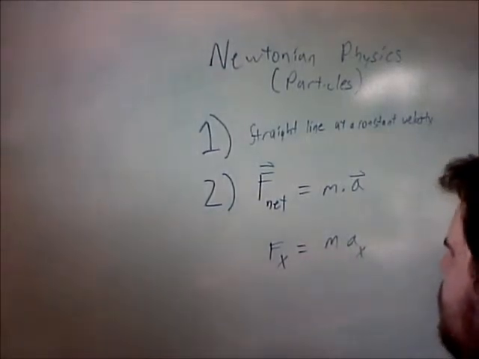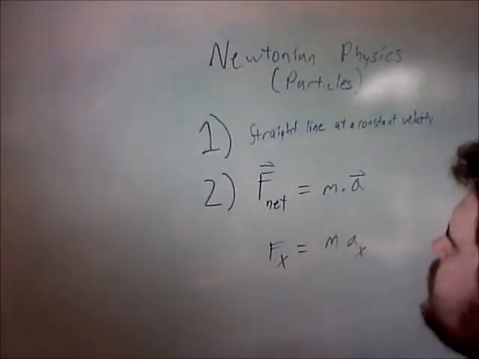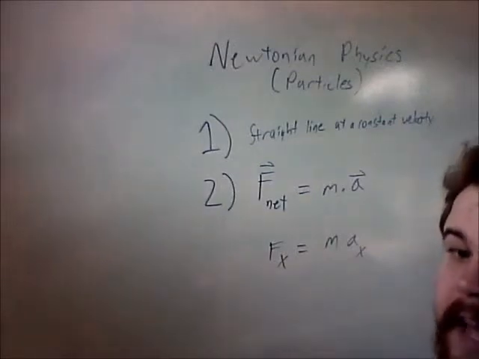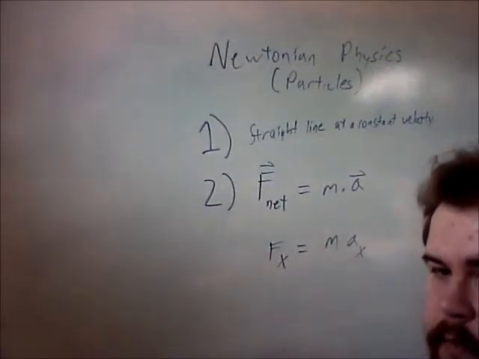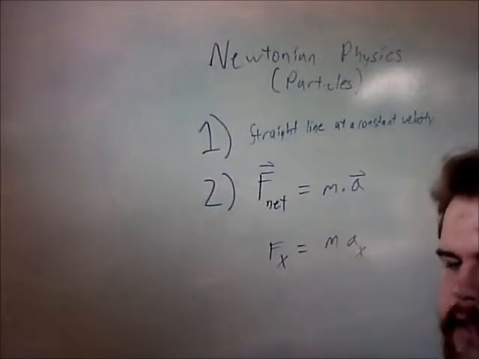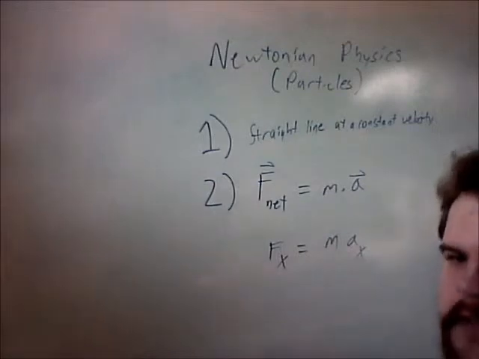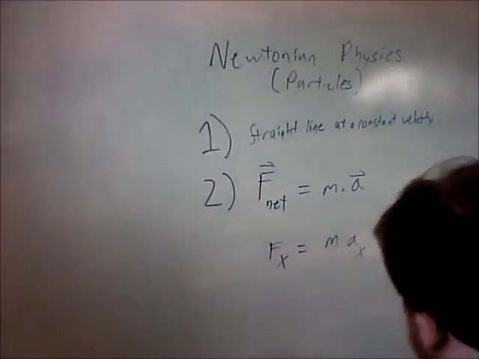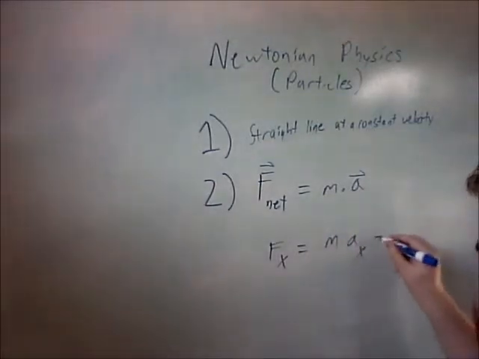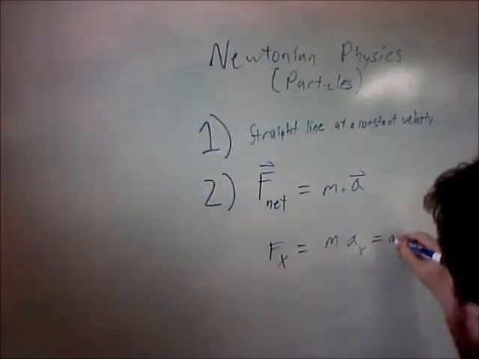Now, you might say, what is acceleration? Acceleration is the quantity which tells you how velocity changes with respect to time. That's what a force does. It causes velocity to change over time. So, acceleration tells you how velocity changes with time.